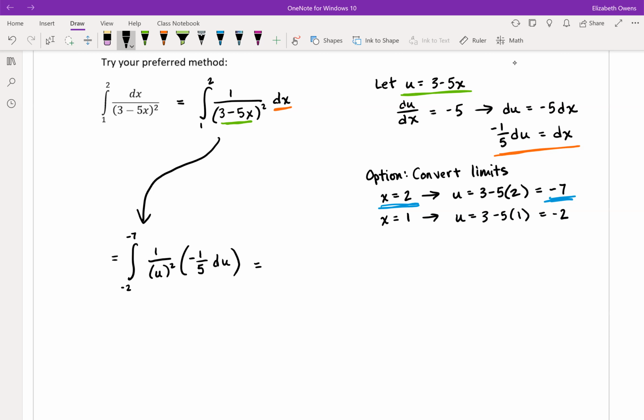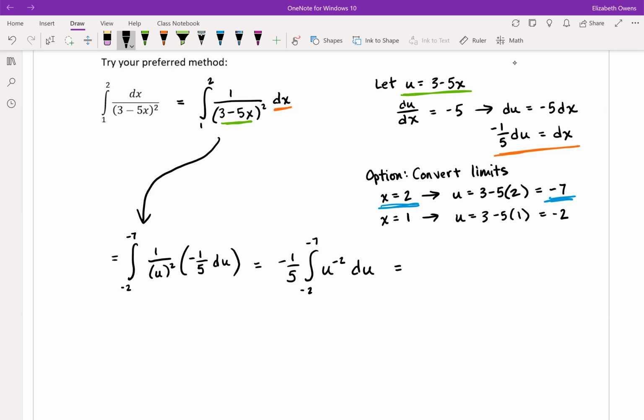Now a little bit of cleanup on this. I'm going to go ahead and pull this constant, -1/5, out to the outside of the integral. That is one of our properties of integrals. So -1/5, integral from -2 to -7, and then 1/u² would be u to the -2 du.